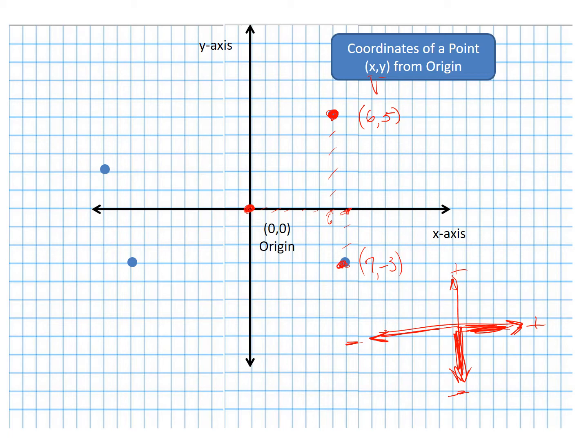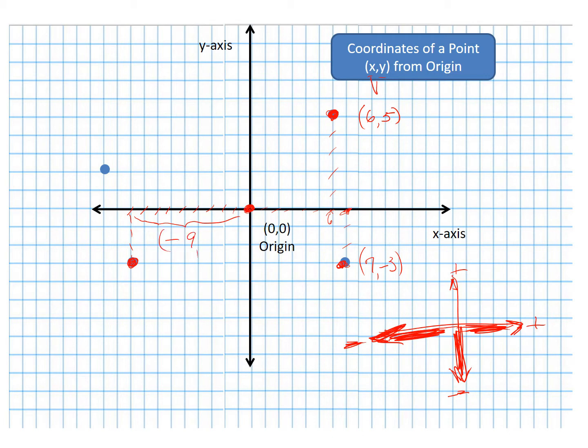All right, 2 more to go. Let's do this guy right here. Again, we start at the origin, so sometimes it helps to make a dotted line to figure out where we're at. We have to go 1, 2, 3, 4, 5, 6, 7, 8, 9. So I went 9 all the way across here, but because I went left, and left is a negative number, this is -9.